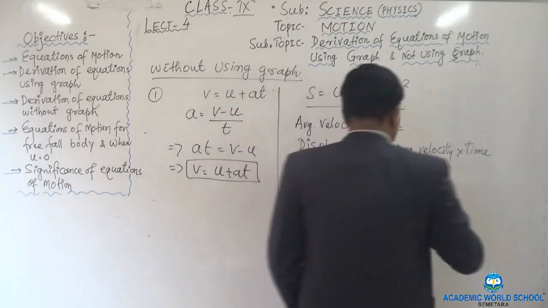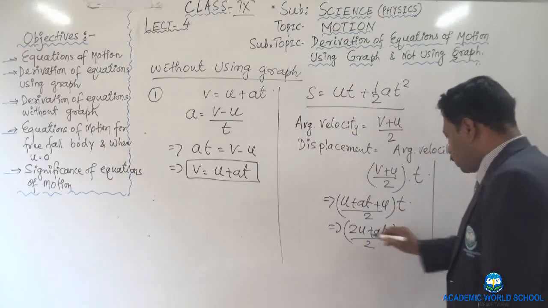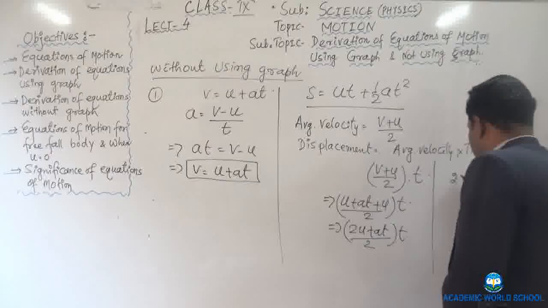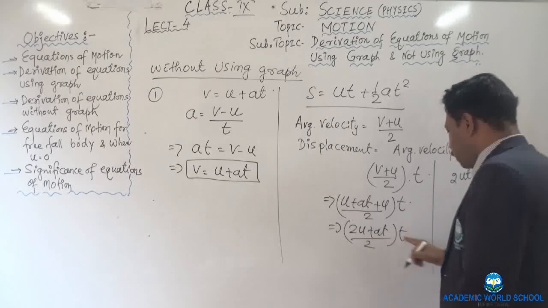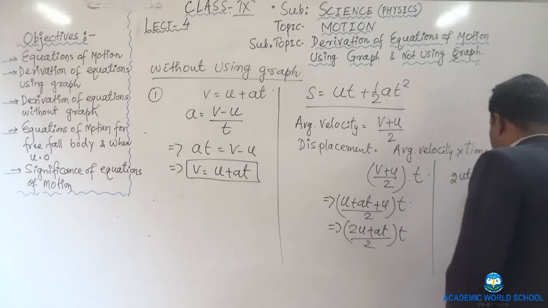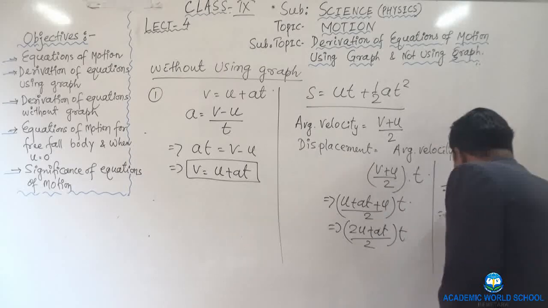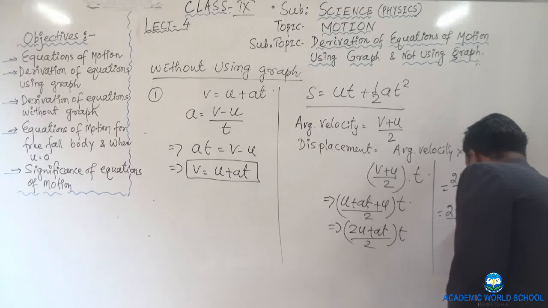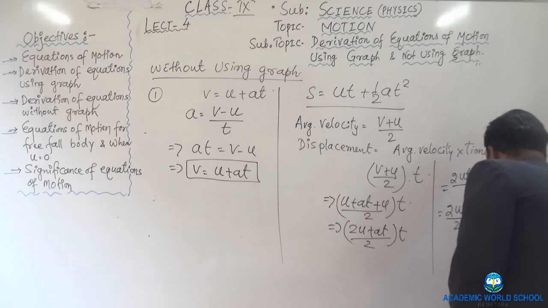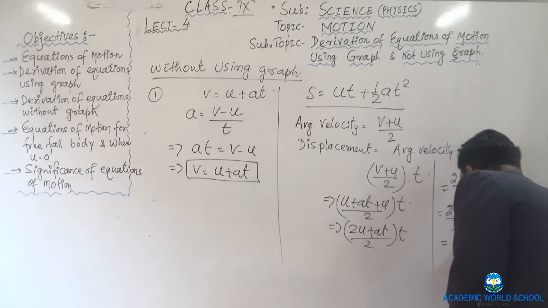So if you multiply, it will be 2ut and at square upon 2. So I will write initially 2ut upon 2 plus at square upon 2. Here the 2 cancels and we get ut plus half at square.